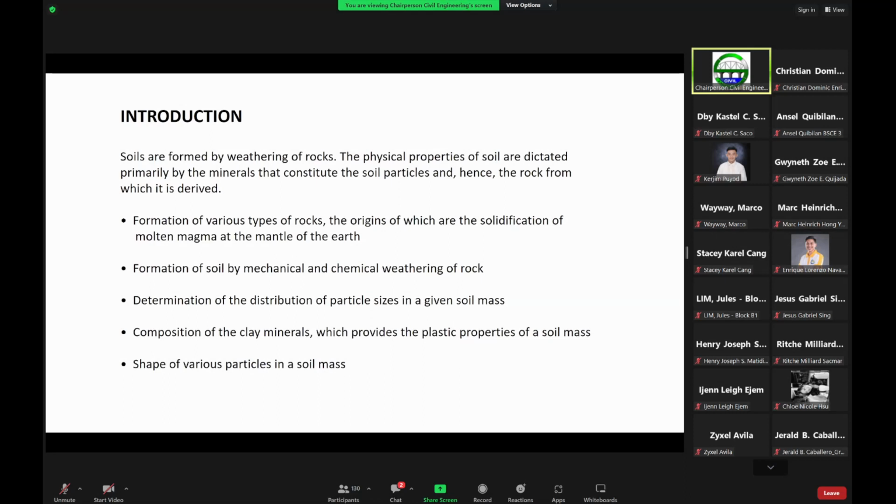When we talk of mechanical processes in rock, this is probably due to erosion by wind processes. When you talk of chemical weathering of rock, this is when you have dissolution processes such as in limestones, wherein you can create caves, for example.